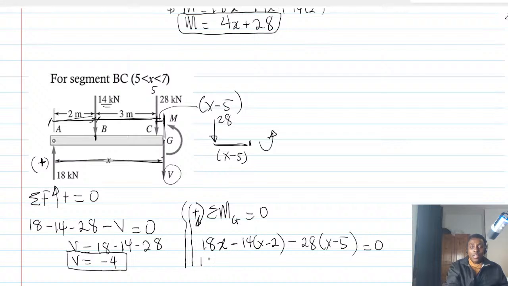Oh, sorry, we didn't add the moment. The moment is counterclockwise, so it's going to be plus M to be 0.